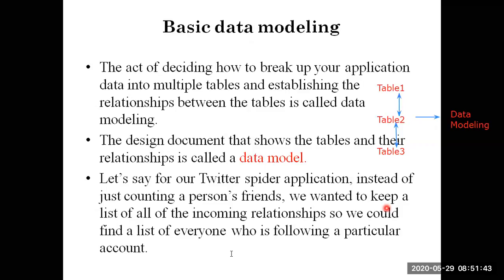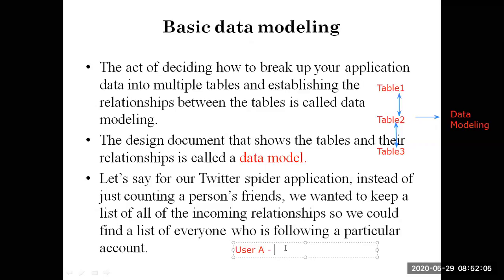Earlier, we had a user A, and we were trying to retrieve the list of friends and their statuses. In addition to that, I will be trying to take a list of incoming relations.